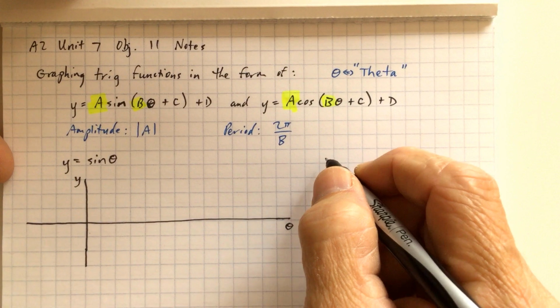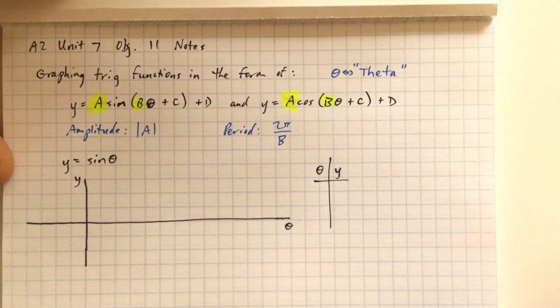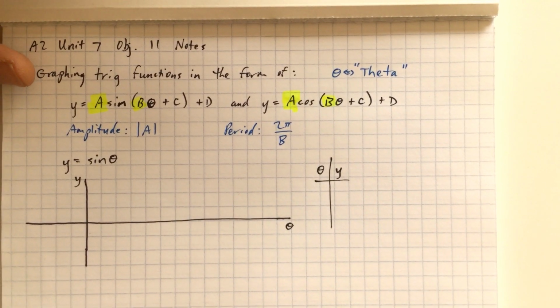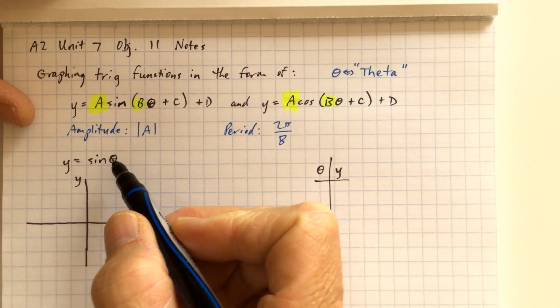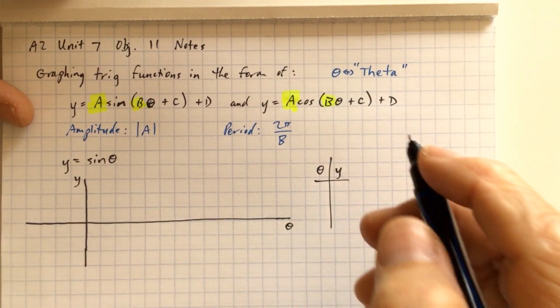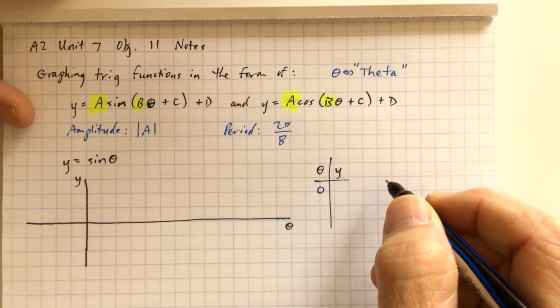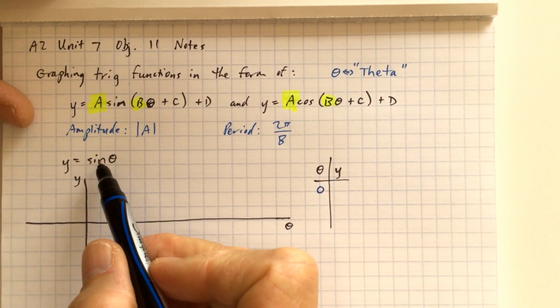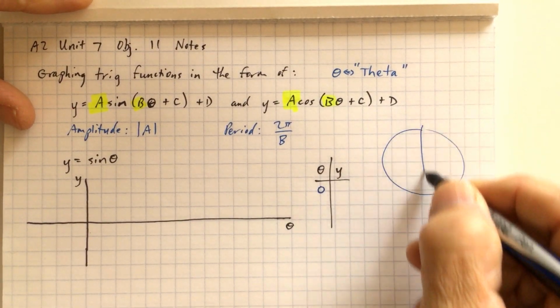If you ever forget what a graph looks like, all you have to do is make a theta y chart and plug in values for the independent variable. In this case, the independent variable is theta, which acts just like an x. We're just going to start with 0. When you take the sine of 0, you're supposed to know that it relates to the unit circle.